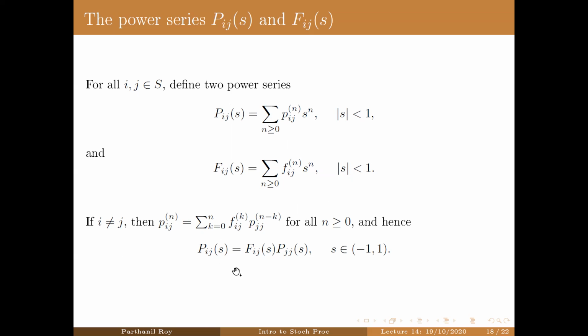This is because if you look at the coefficient of s to the n in this power series, it is precisely this quantity. If you take the product and compute the coefficient of s to the n on the right-hand side, this is precisely this quantity, which is equal to the coefficient of s to the n on the left-hand side, and therefore the two power series are the same.